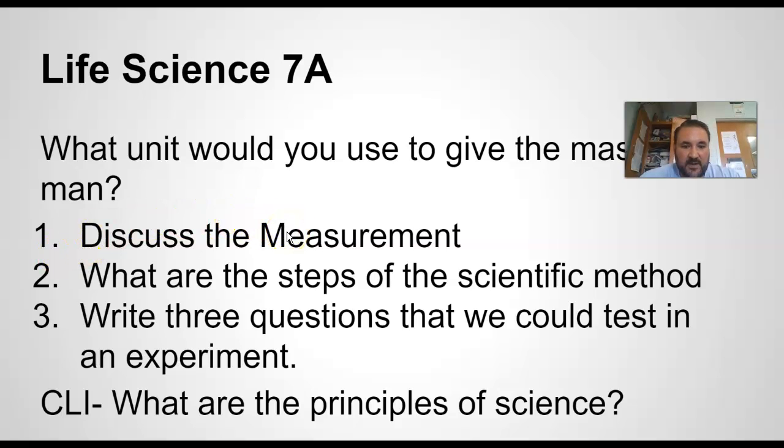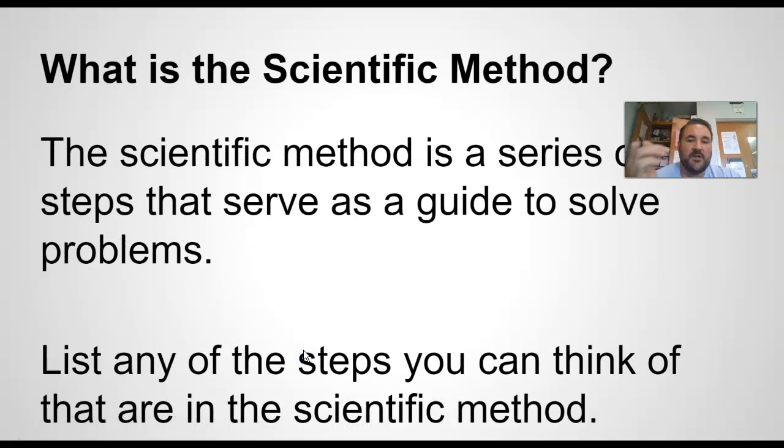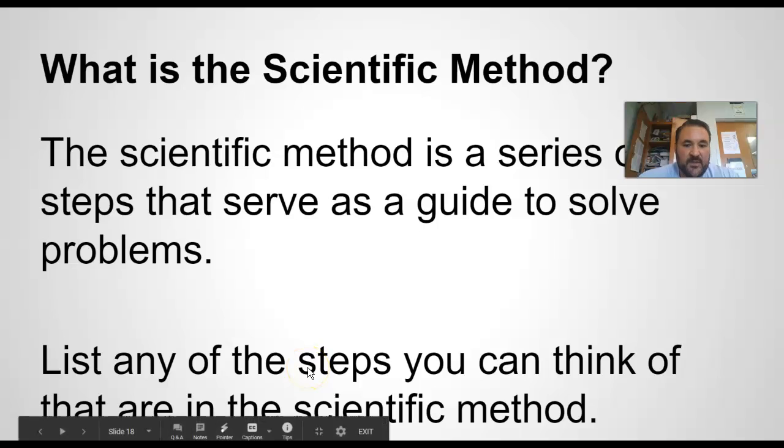Today we're going to talk about the steps of the scientific method, and you're going to write some questions that we could experiment on. What is the scientific method? Science is a pursuit of answers. The scientific method is a systematic approach to finding the answers. Basically, it's a series of steps that we're going to use to make sure that when we find the answer, we're going in the right direction and we're following the right procedures.